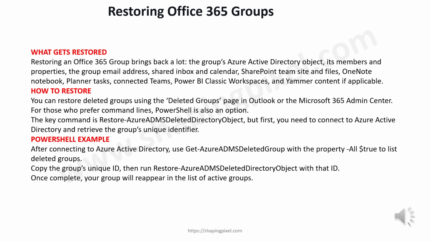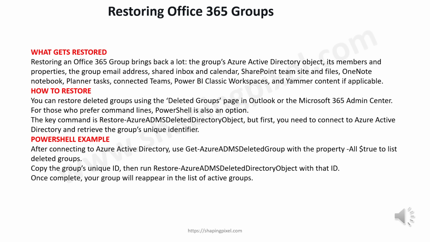You can restore deleted groups using the Deleted Groups page in Outlook or the Microsoft 365 Admin Center. For those who prefer command lines, PowerShell is also an option. The key command is Restore-AzureADMSDeletedDirectoryObject. But first, you need to connect to Azure Active Directory and retrieve the group's unique identifier.